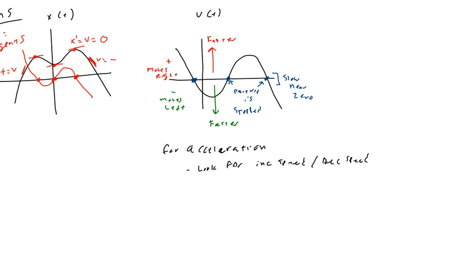So if you are, for example, positive and going up, the acceleration is positive. If your graph is going up, the derivative is positive, and the speed is increasing, right, you're going up. Here, the acceleration equals 0. Positive here, 0 here.